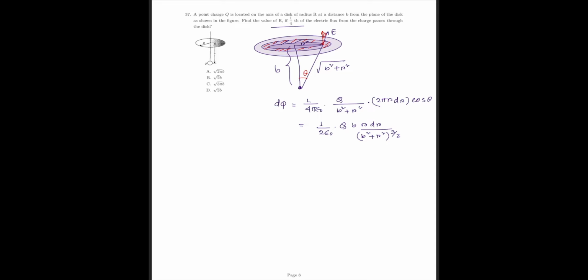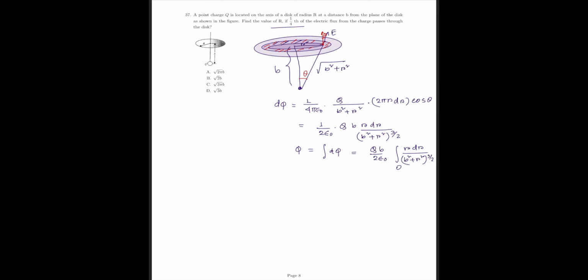Now to get the whole flux, you need to integrate this phi from 0 to r, so that would be q by 2 epsilon 0 b times integral of r dr over b square plus r square whole to the 3 halves, from 0 to r.